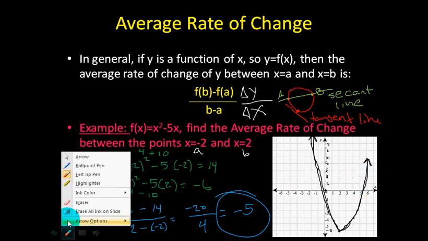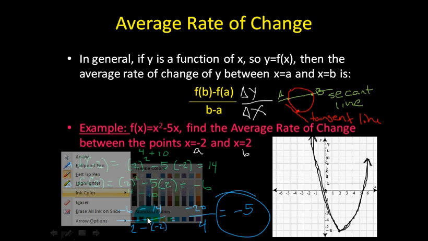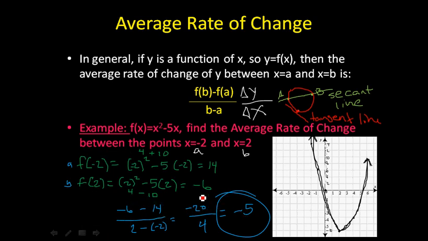So then to show the rate of change between these 2 points, you would go to x -2 and then 2, which is down here. So that's really kind of hard to see because the drawing's bad, but the slope of that red line is -5.